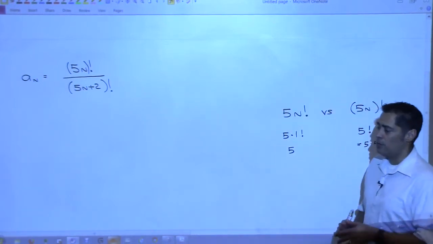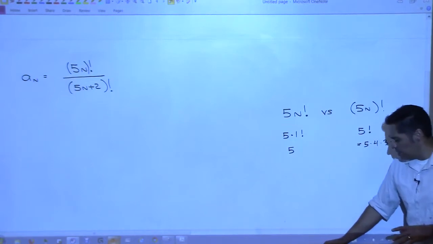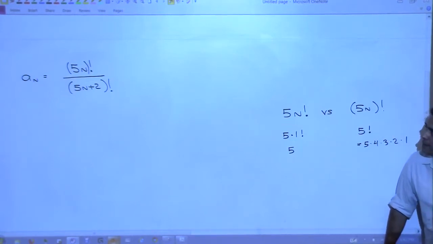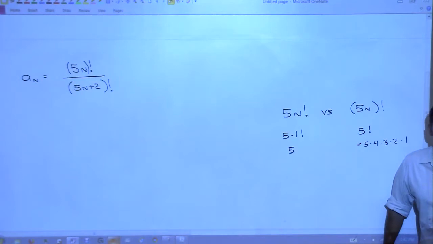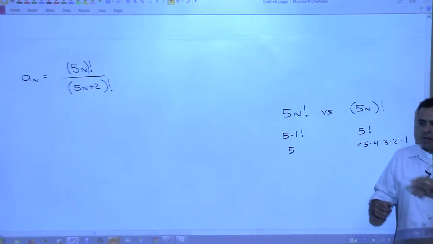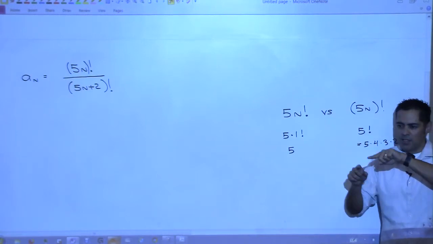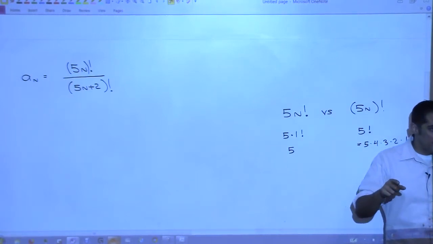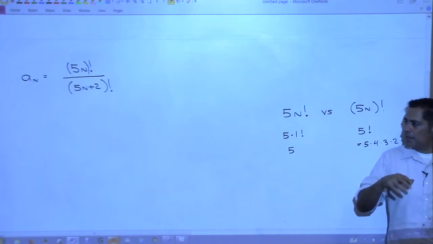One thing we can do that I should point out, this is a major revelation here, is that L'Hopital's rule is off the table because factorial functions are not defined on... you know how we can take some sequences, turn them into functions, and then do our L'Hopital, and then go back?